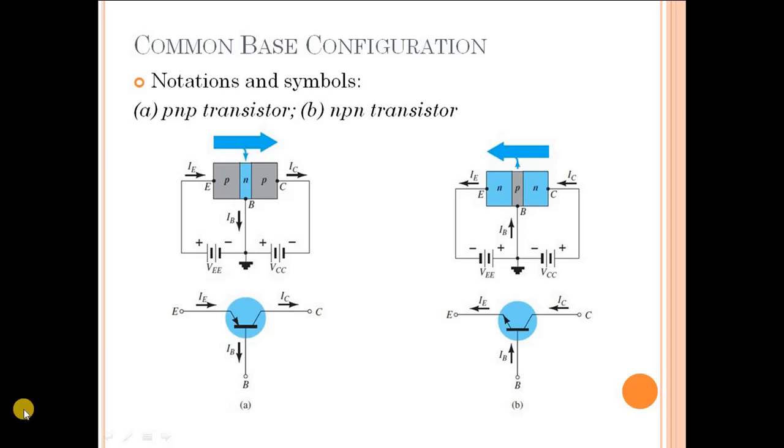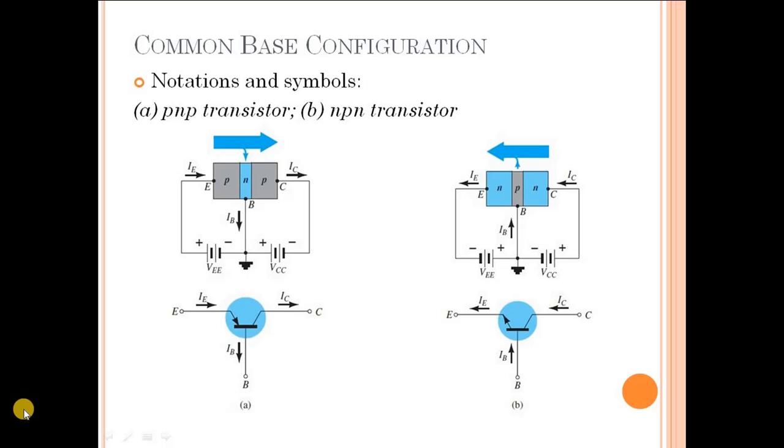We have three terminals in a BJT, and so we have three types of BJT configuration. The types being the common base configuration, common emitter configuration, and common collector configuration.